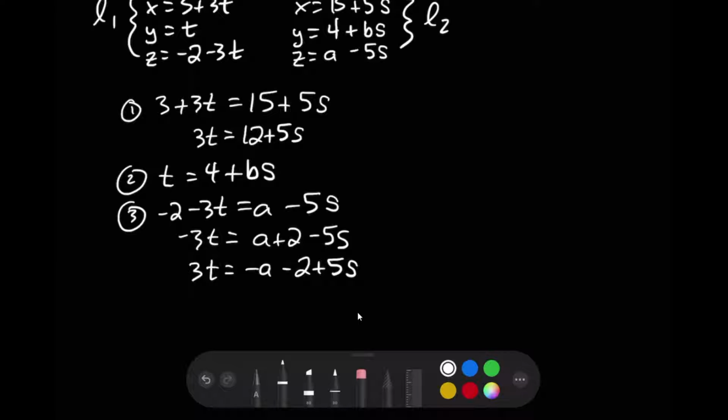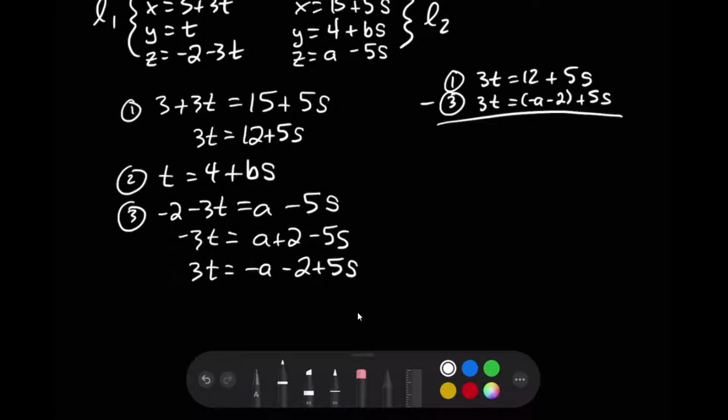Now I can use elimination to solve for some of these variables. I'm going to take equations 1 and 3 and subtract them from each other. Equation 1: 3t equals 12 plus 5s. Equation 3: 3t equals negative a minus 2 plus 5s. The brackets aren't strictly necessary, but they help us start to see a pattern here.